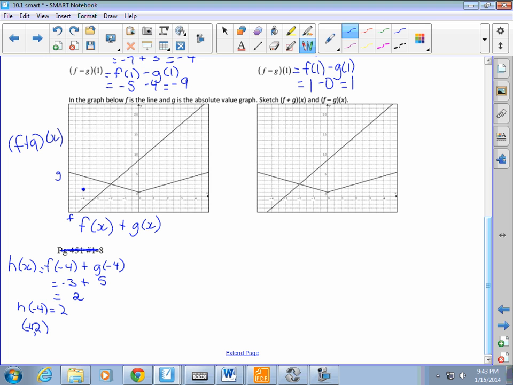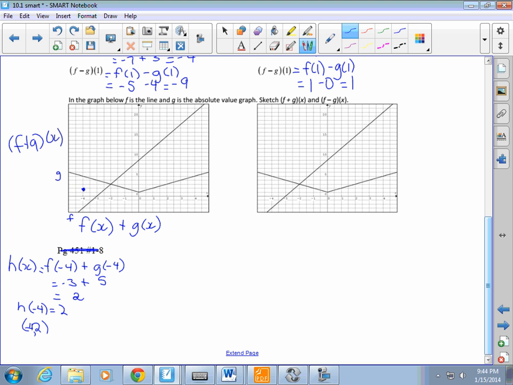So if I were to do the next graph, negative 3. I'm just going to do a few of these, and then you're going to see a little bit of a pattern here as to what's happening.